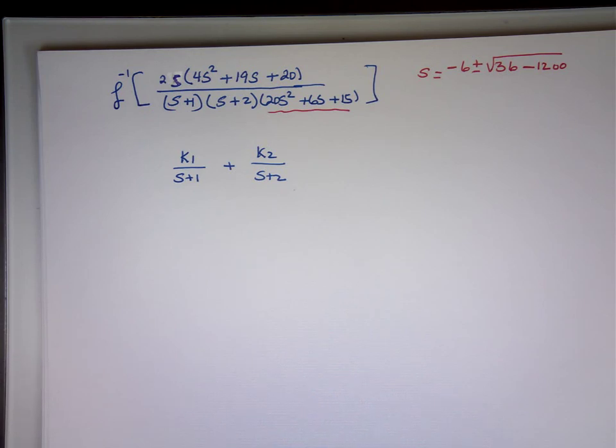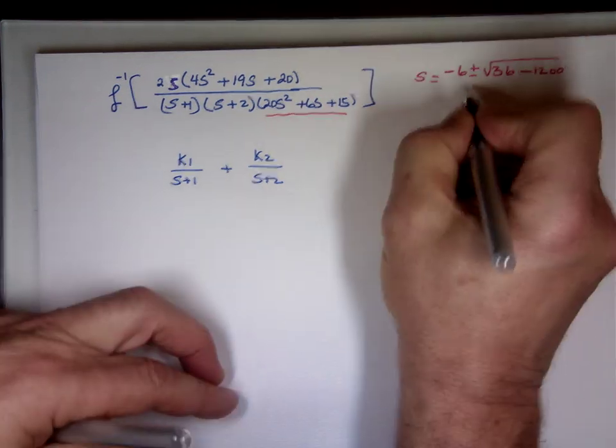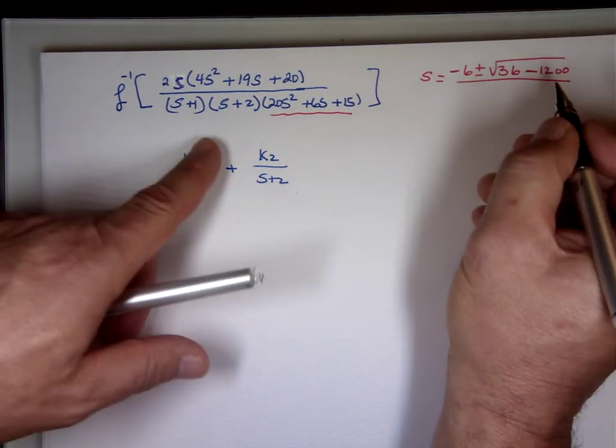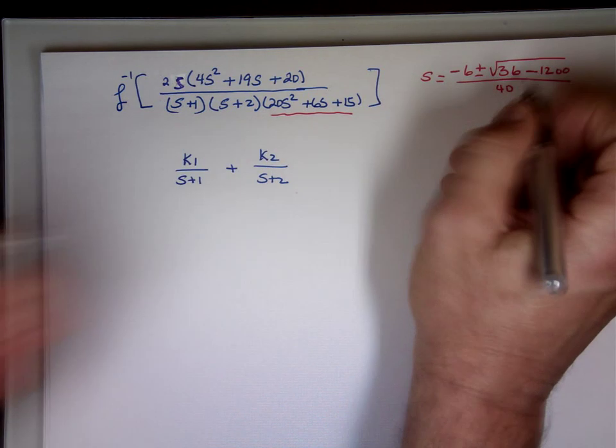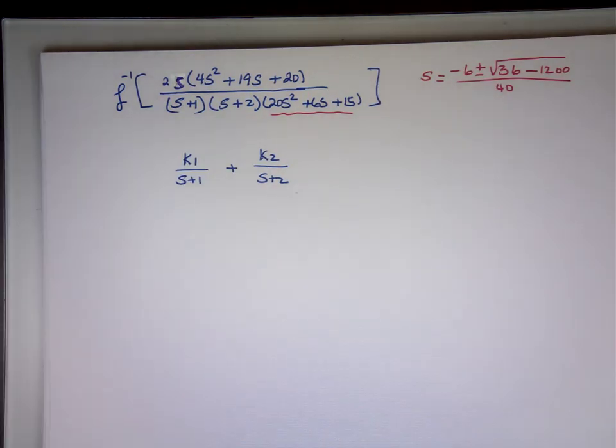What's that? 1200, yep. All divided by 2a, which is 40. I'm going to divide that by 40.